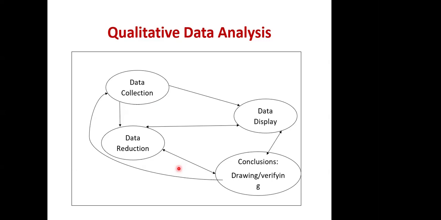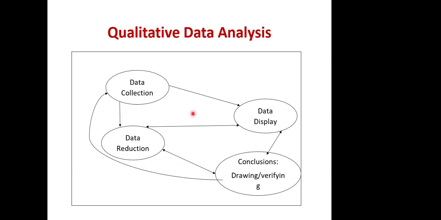Miles and Huberman, and also Lincoln and Guba, who are well-known qualitative scholars, were quite opposed to using these quantitative terminologies in qualitative research. So they introduced something called trustworthiness of data, quality of data. Those are the right terms to use when you're doing qualitative research. I'll come to that later on.